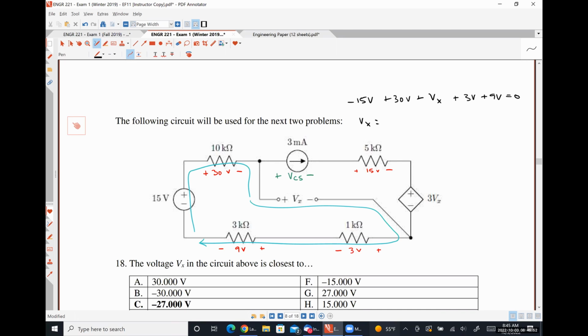So Vx is going to be equal to 15 volts minus 30 volts minus 3 volts minus 9 volts. 15 minus 30 is -15. -15 minus 12 is -27.